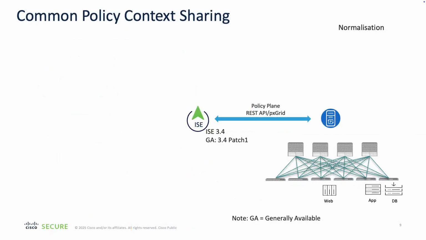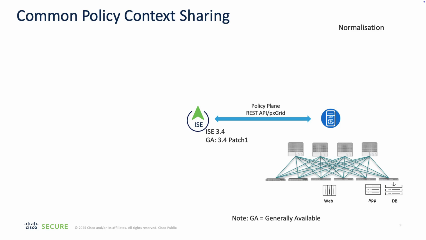So one of the integrations that we've really improved recently with part of this solution is the integration from ISE to ACI. And we have this integration to the APIC controller in an ACI fabric. And I think the main advantage or the main enhancement is that we're using pxGrid for this connection.